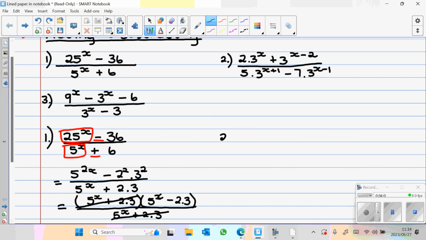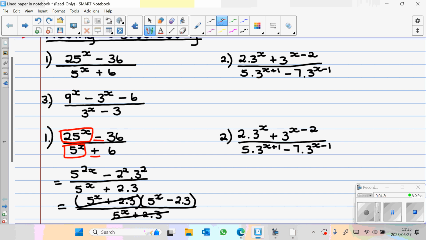Now, if you look at number 2, you have 2 times 3 to the power of x plus 3 to the power x minus 2, divided by 5 times 3 to the power x plus 1 minus 7 times 3 to the power x minus 1.